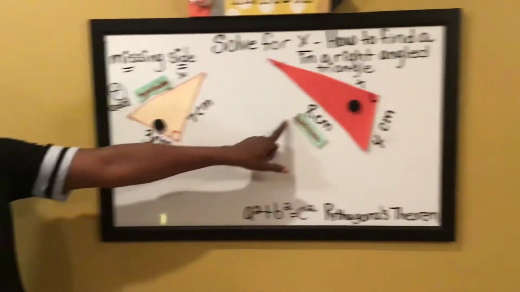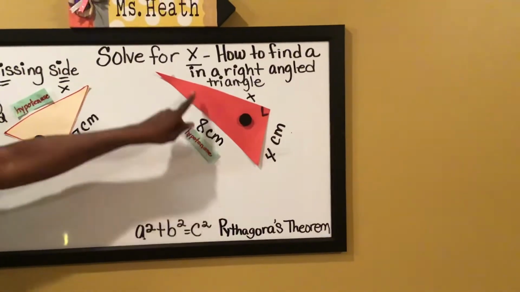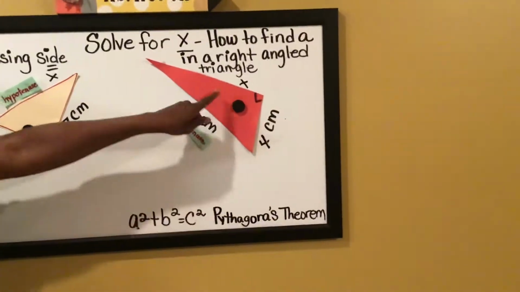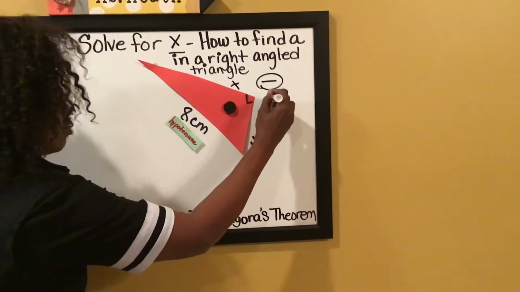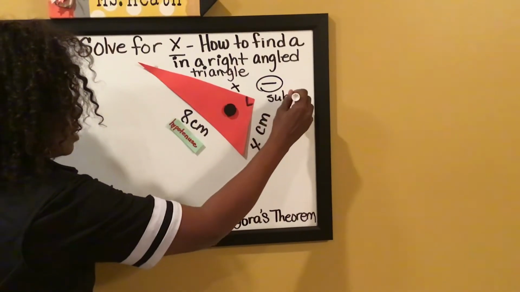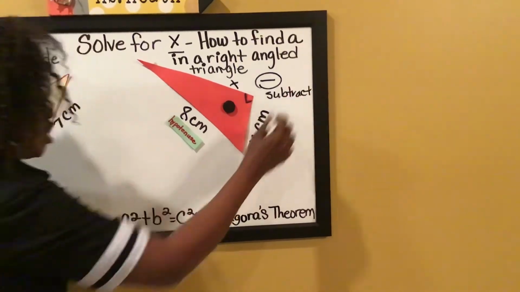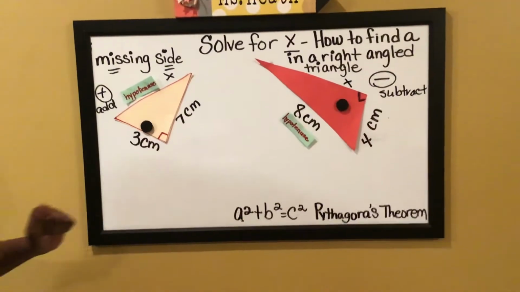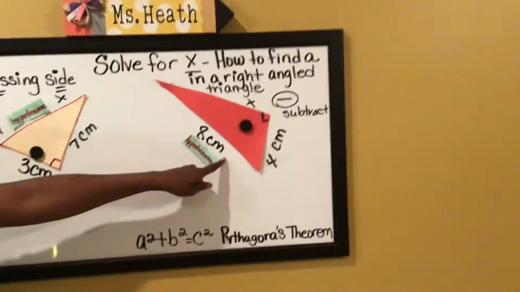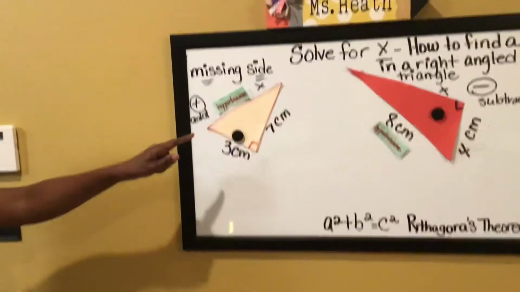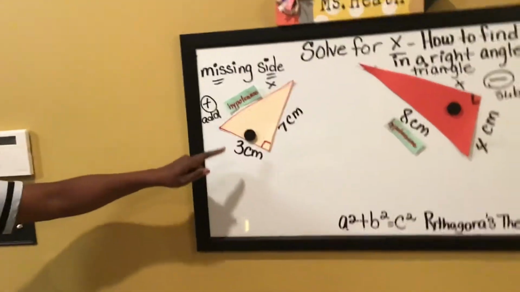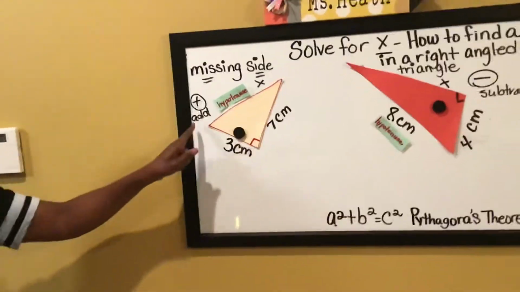Whenever the hypotenuse has already been given and you're looking for either an A or a B, just subtract. Just do it. Just subtract for me, okay? So I'm giving you that rule because it's so important. I'll say that again. If the hypotenuse is already provided, subtract. Over here, if the hypotenuse is not given at all, add it.